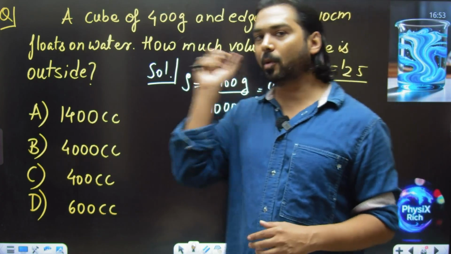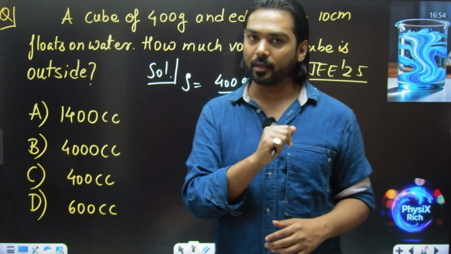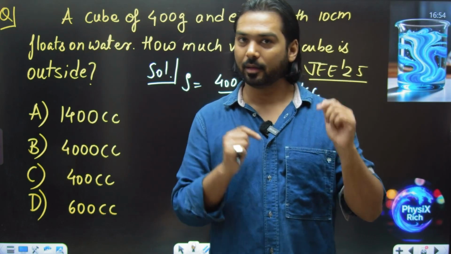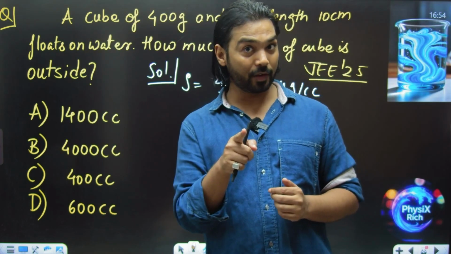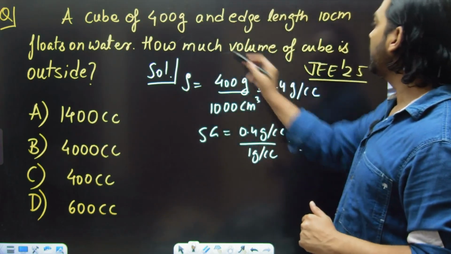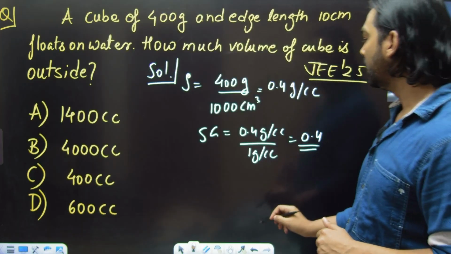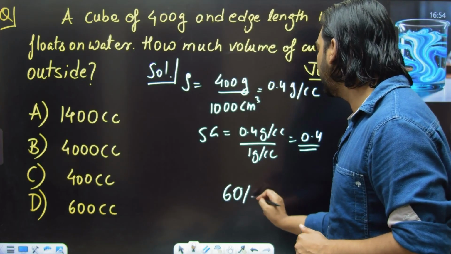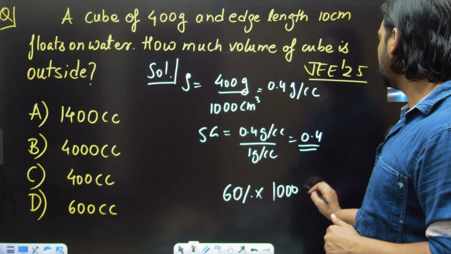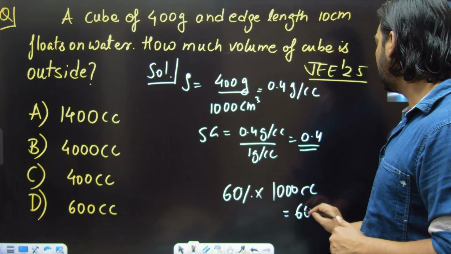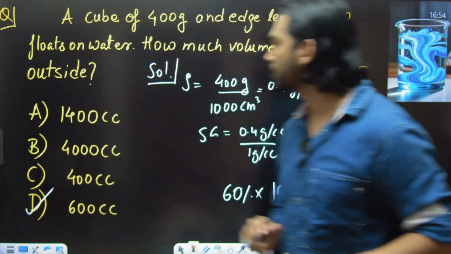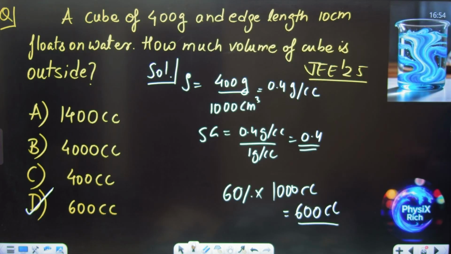So if I throw this block inside water, 40%, because 0.4, 40% of it will be underneath. 60% of it will be outside. So our answer is very clear. He's asking how much volume of the cube is outside. Our answer is 60% of its volume, which is equal to what? 1000 cc, and that is what? 600 cc. Oh my God, such a simple question. Easy peasy lemon squeezy.